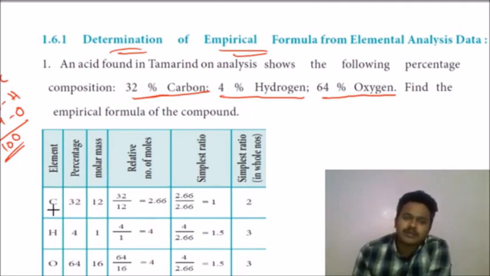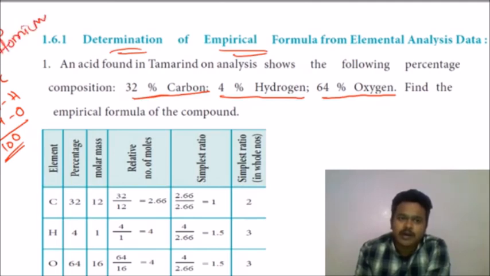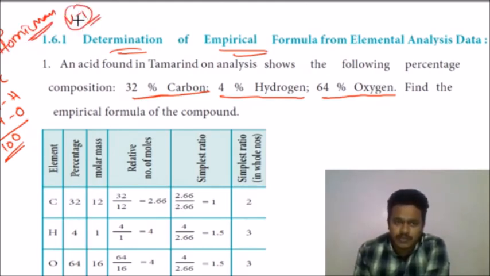Molar mass: carbon 12, hydrogen 1, oxygen 16. Everybody should know the atomic masses of elements 1 to 30. I told you in video number 1. If you don't know, go now and remember them, otherwise it is difficult in future.